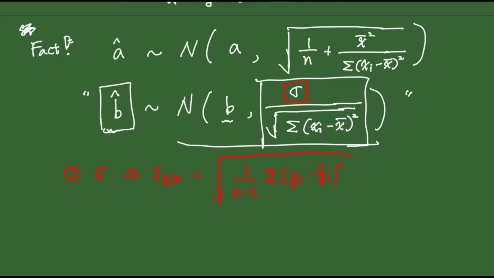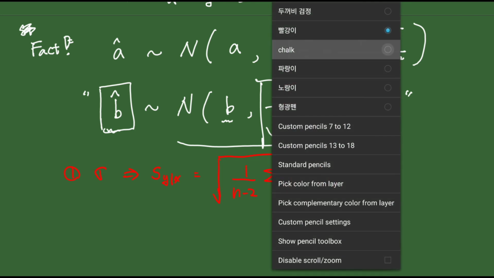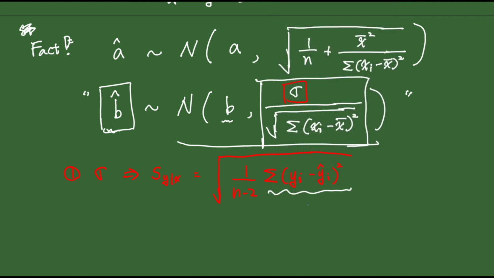This is the residual, and then we square them, sum them up, and divide by n minus 2.